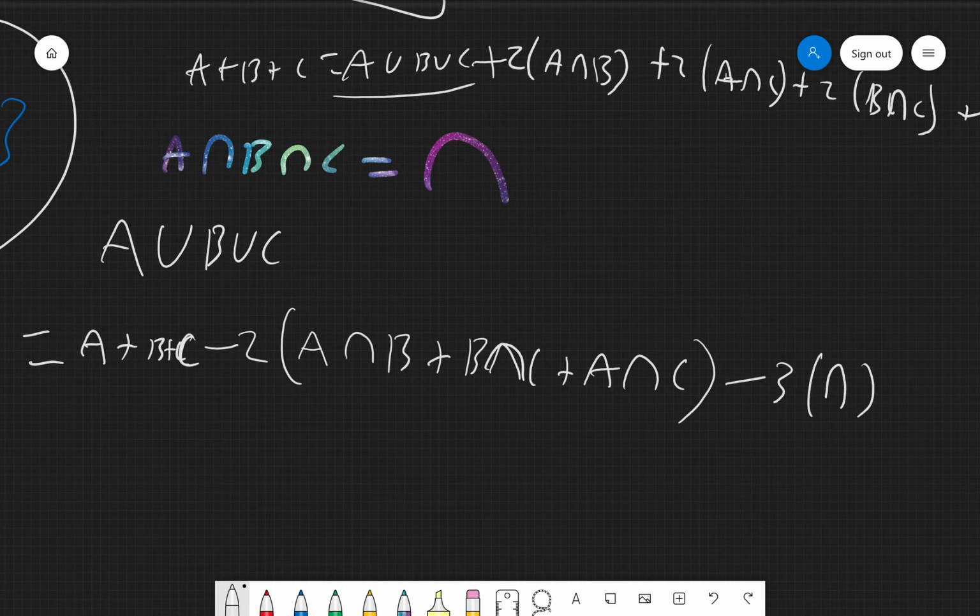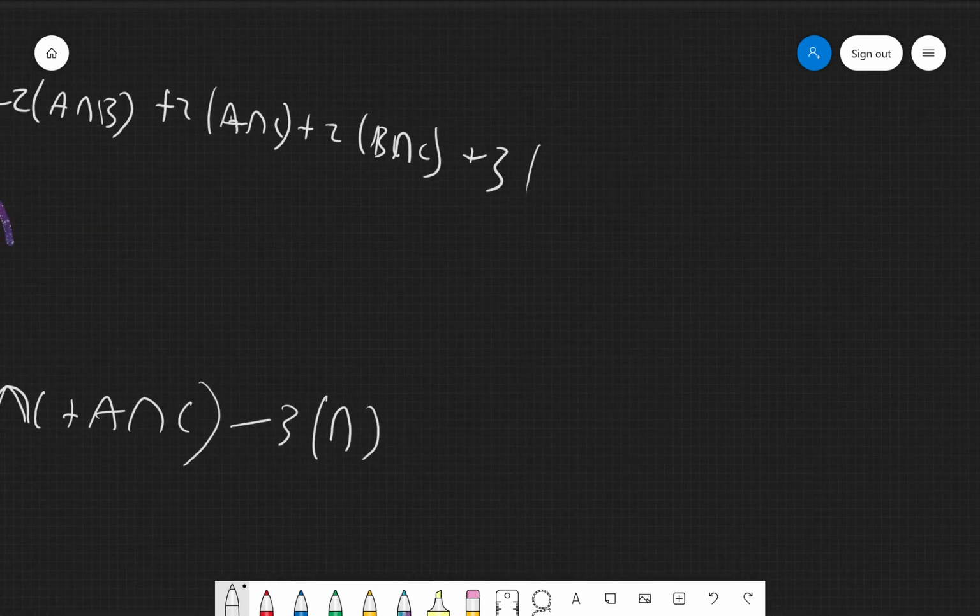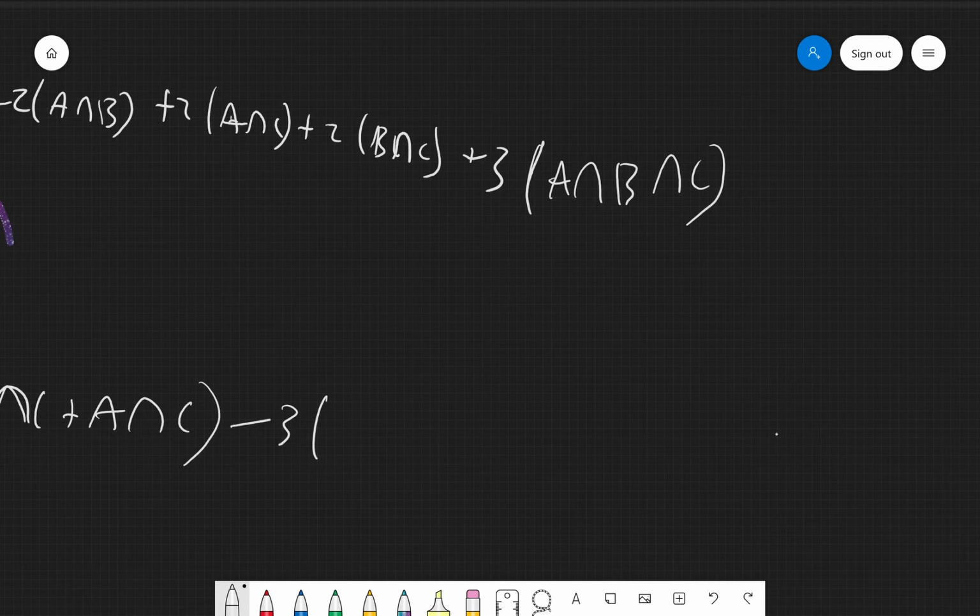Now big intersection is not standard notation, so I might as well rewrite it now because we have unlimited space. Remember that is A intersection B intersection C, which means what's included in all of them. So I can rewrite that here too.